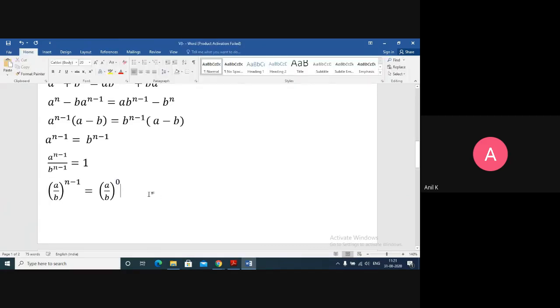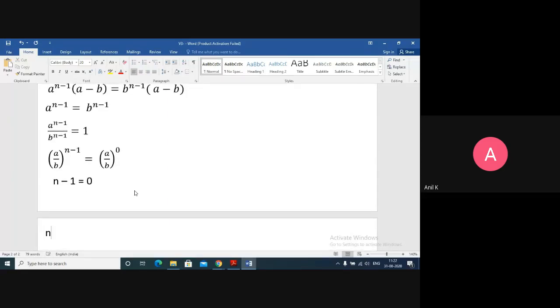So this 1 I am replacing as a upon b whole to the power of 0, because we have a formula: if two exponents are equal and the bases are same, then the powers also must be equal. So according to that formula, n minus 1 is equal to 0. Therefore, n will be equal to 1. Okay, so that's it. That is the answer to this question.